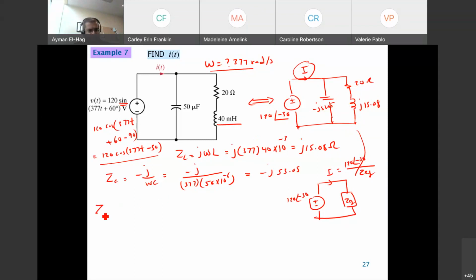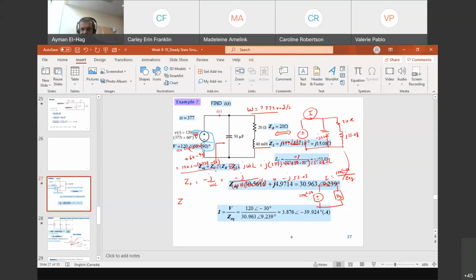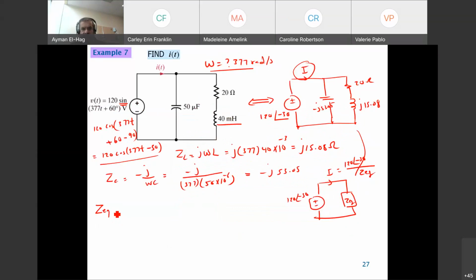So your Z equivalent is equal to 20 plus j15.08 in parallel with minus j53.05.